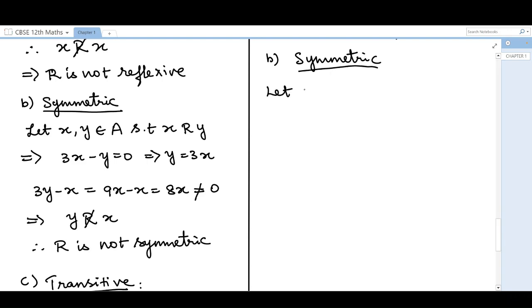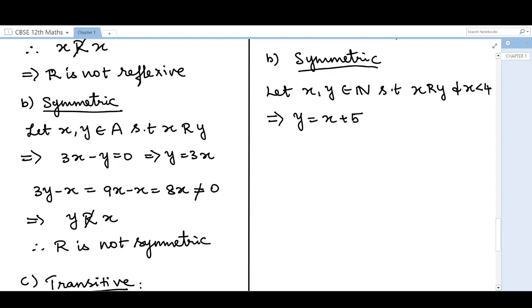So let us take two elements X and Y from N such that X is related to Y and X is strictly less than 4. Now we have to verify whether Y is related to X. Since X is related to Y, what we can say is Y equal to X plus 5.